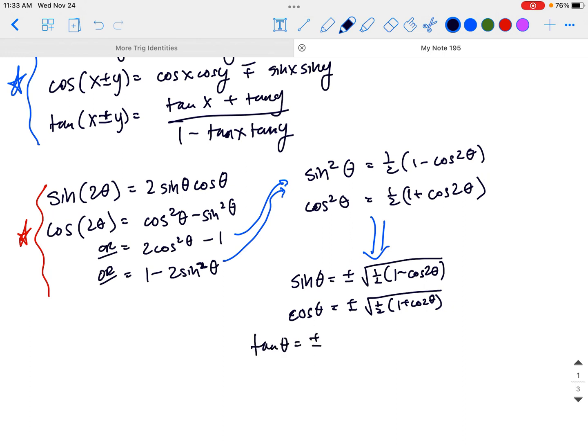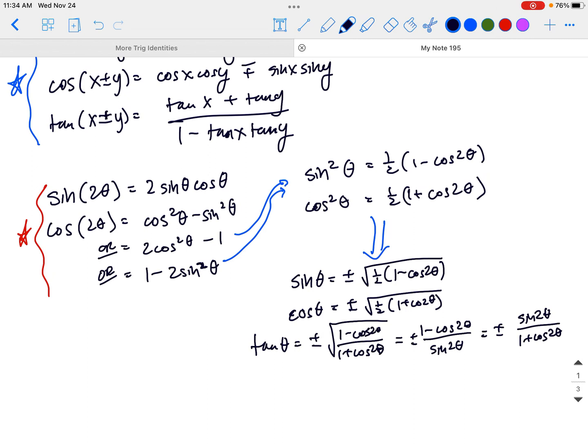So tan theta is equal to plus or minus the square root of (1 minus cosine 2 theta) over (1 plus cosine 2 theta), which equals (1 minus cosine 2 theta) over sine 2 theta, or sine 2 theta over (1 plus cosine 2 theta).